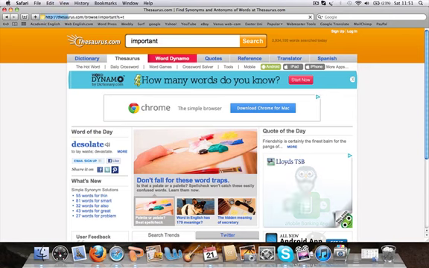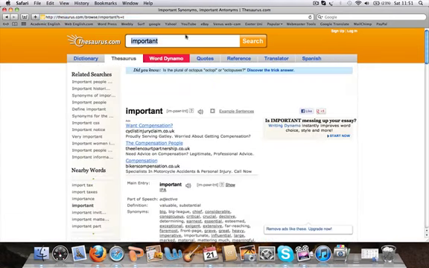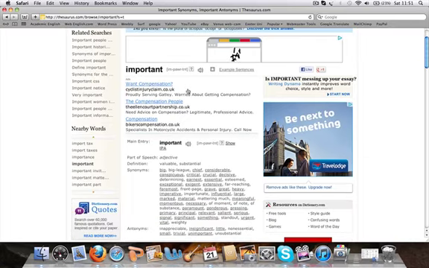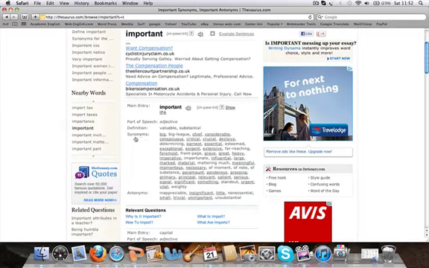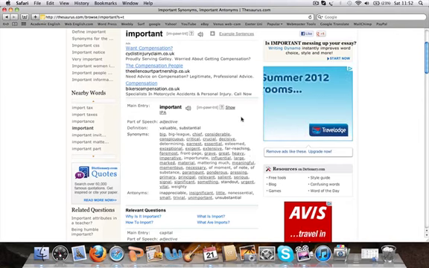Example, important. Here, when you scroll down, it gives you a whole list of many different alternatives, such as crucial, considerable, extensive, imperative, necessary, significant, and it also gives you antonyms.